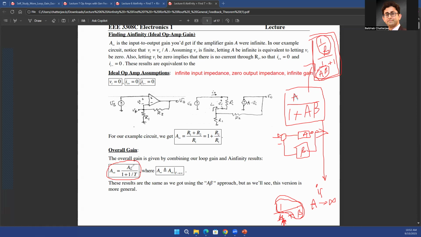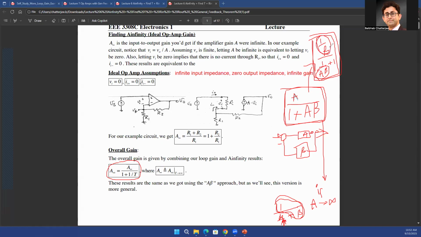A infinite is the overall system's gain if you had assumed an infinite feed forward path. So if your feed forward path's gain A is infinitely large, then your feedback gain becomes A divided by 1 plus A beta, and that boils down to 1 over beta if A is infinitely large.